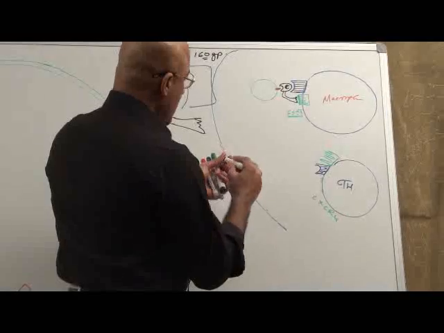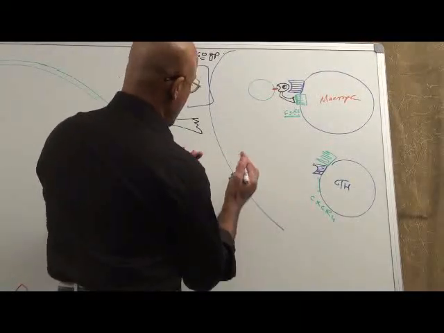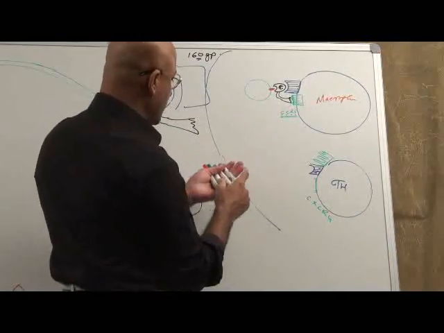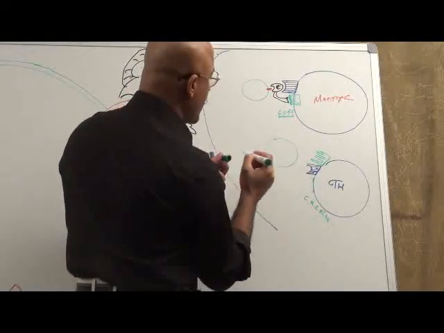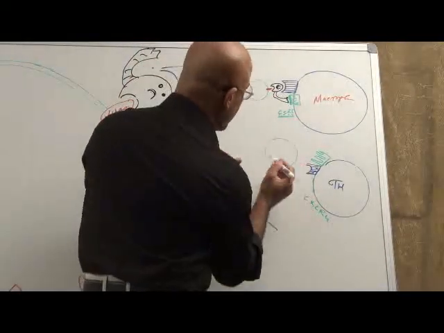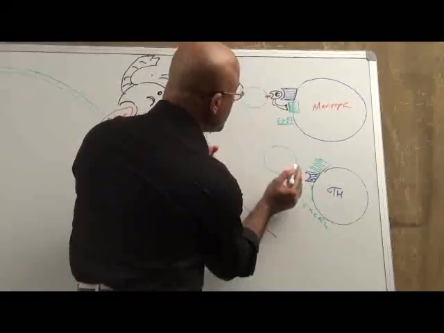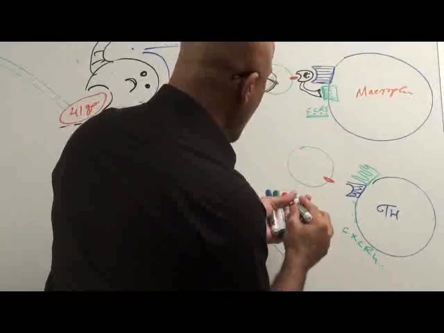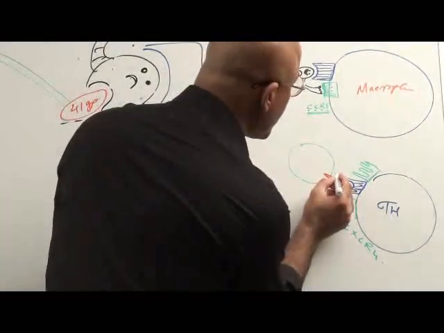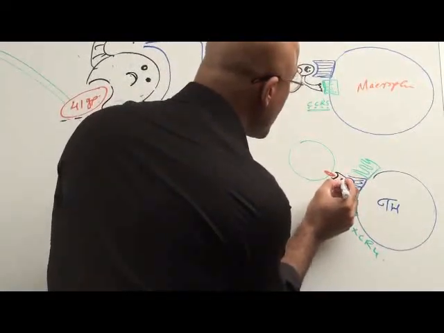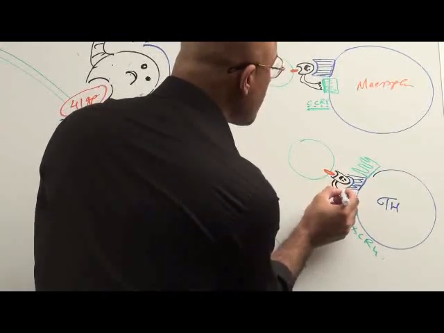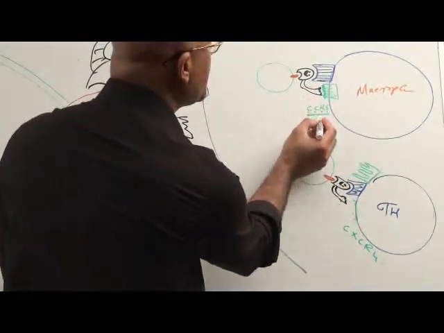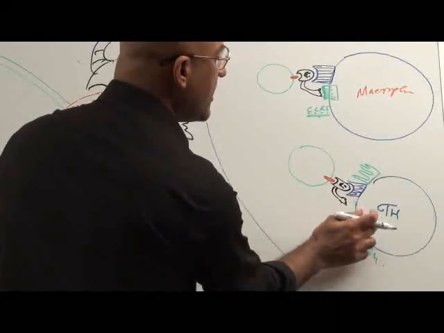Because when the virus comes here, let's suppose I'm repeating the virus structure here. What was this protein? GP41, and this is GP120. It brings one arm out. This arm is for CCR5. Can it engage here?